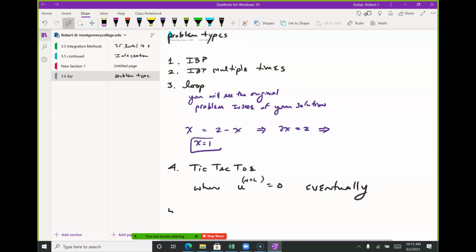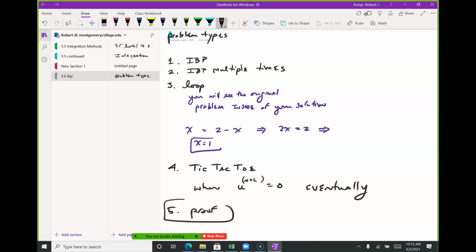And then I want to do the proof. That's not really a problem type, I just want to prove it to you. But the problem types are integration by parts. You might have to integrate by parts again. You could integrate by parts and then find the original problem back, and then we do a different process there. Or you could take the shortcut version, tic-tac-toe.